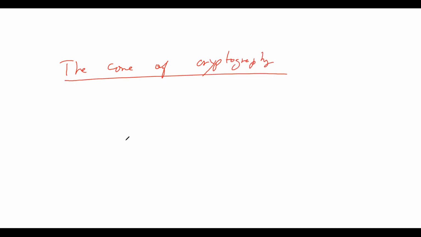So in summary, the core of cryptography is two things. One is what is called secret key establishment.